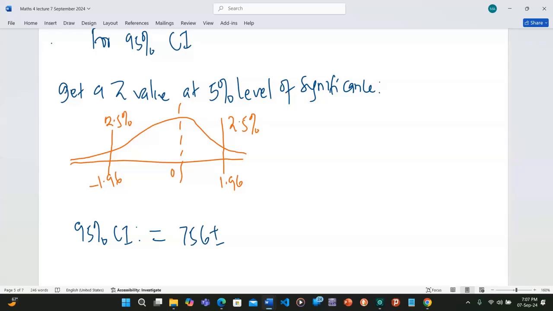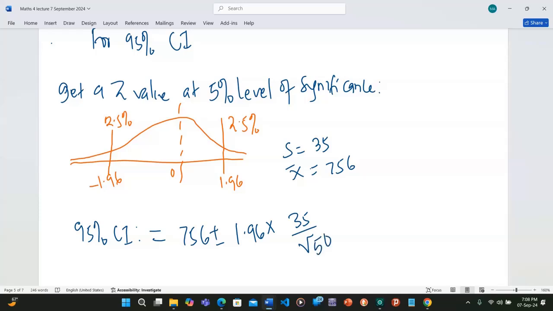The z value that we are going to take is 1.96. We multiply it by s, which is the standard deviation of the sample, and it was given. The sample mean was given also, 756. So s is 35 divided by square root of n, whereby n is 50, because we are told there are 50 males.